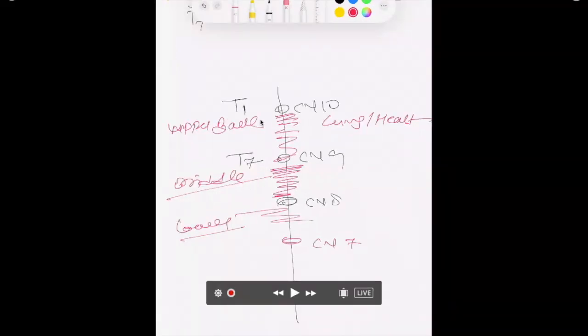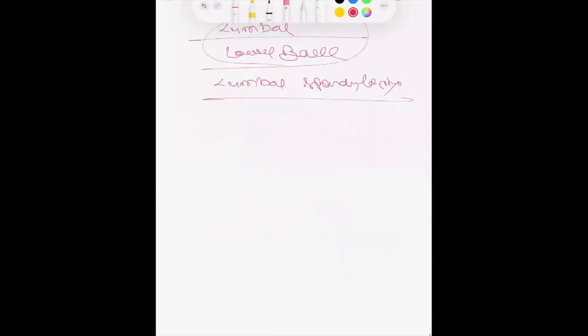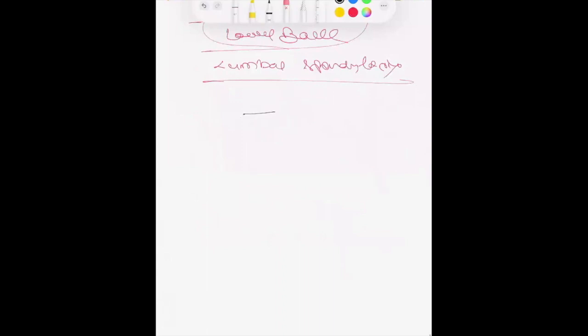So now, the most important is the lumbar or lower back area, or lumbar spondylosis. Nowadays, people are suffering a lot with the problem of lumbar spondylosis. So see, this is the head region.